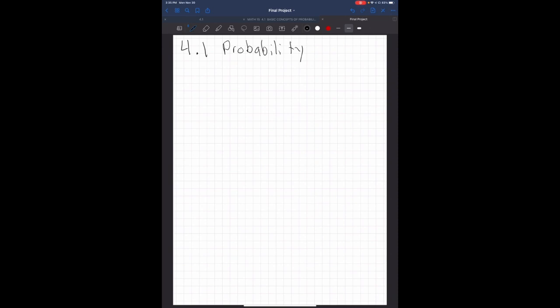So there's a few things to understand before we get started. First of all, probability always falls between 0 and 1, always. The closer to 1, the more likely something is going to happen. The farther from 1, or closer to 0, the less likely something is going to happen.